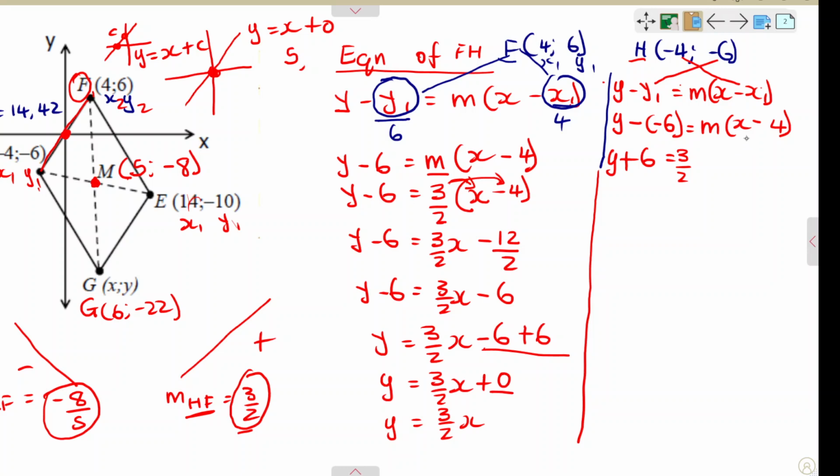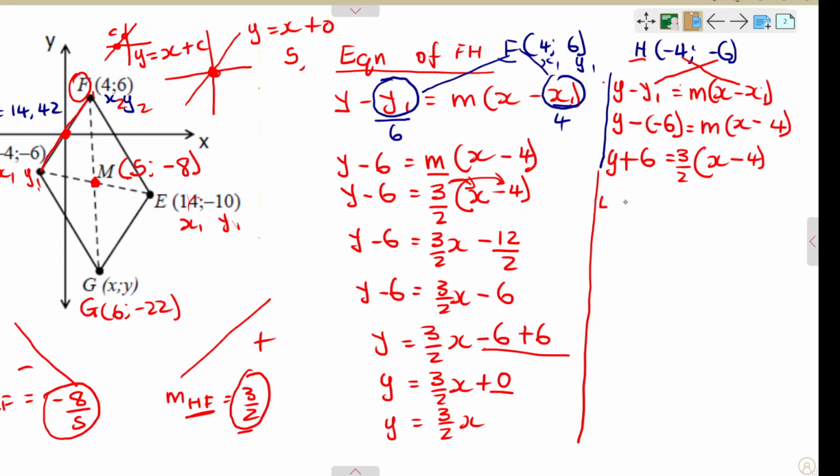So if you now take the x coordinate, which is negative 4, let me put it like that, negative 4.